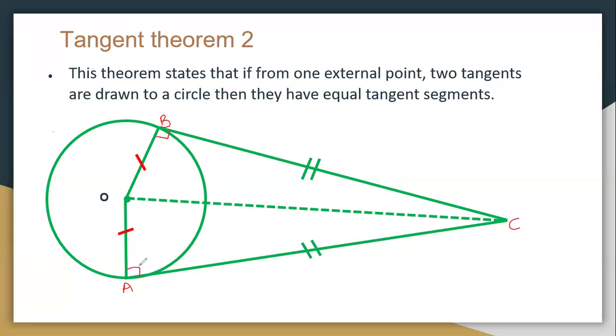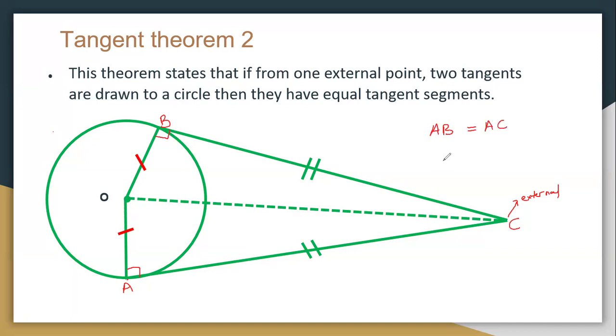Now, for this property, as long as the two tangents are originating from any point outside the circle, the length of the line, this is what we call the external. External means something outside. So the length of the external to this point will always be equal from A to C. So the length of the line AB will always be equal to AC.